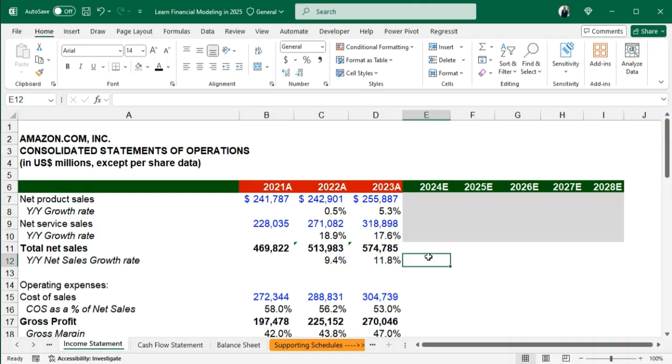So what that means is that all the projections we are going to make in this particular video are going to be based on general assumptions, and that is fine, because as a good financial modeler, we always make projections based on simplified available information, and then later we can tweak these assumptions to be able to reflect the reality on the ground.